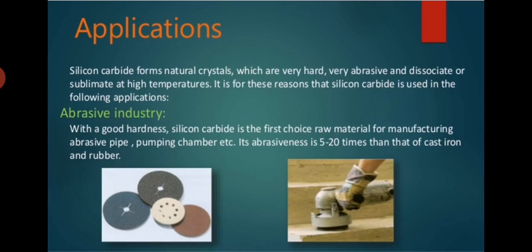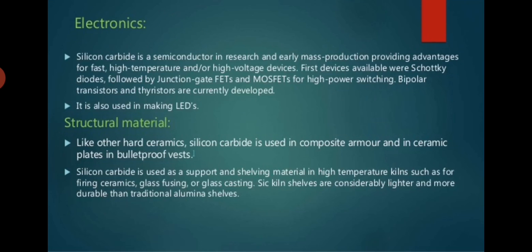The first one is the abrasive industry. With good hardness, silicon carbide is the first choice of raw material for manufacturing abrasive pipes, pumping chambers, etc. Its abrasiveness is 5 to 20 times that of cast iron and rubber. The next one, electronics. In the electronics field, silicon carbide is a semiconductor in research and early mass production, providing advantages for fast, high temperature and or high voltage devices.